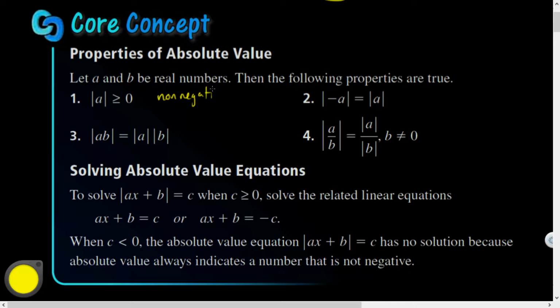non-negative. Why do you think I said non-negative instead of just saying positive? What's the difference between those things? Is there a difference between those terms? Is there a number that is included in one but not the other?